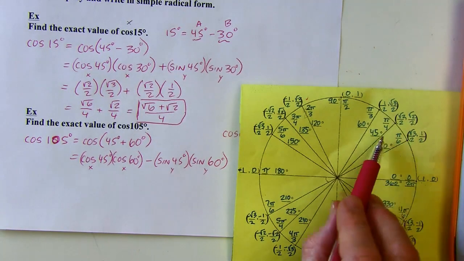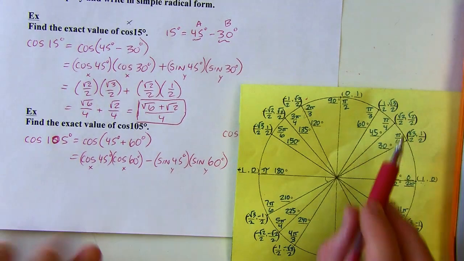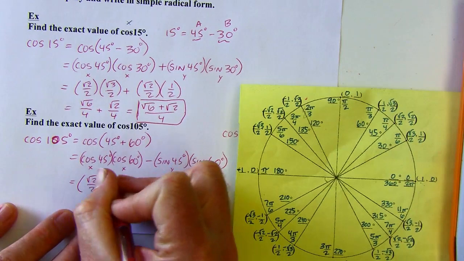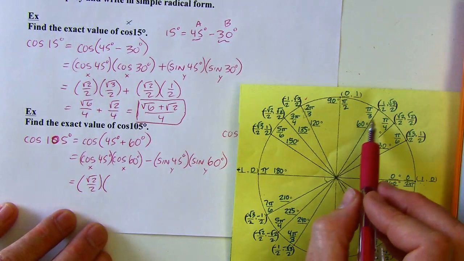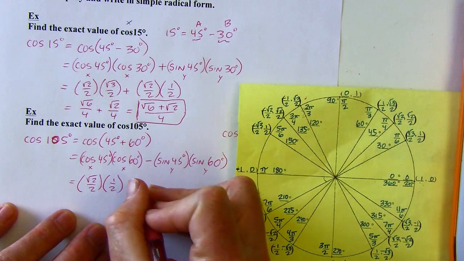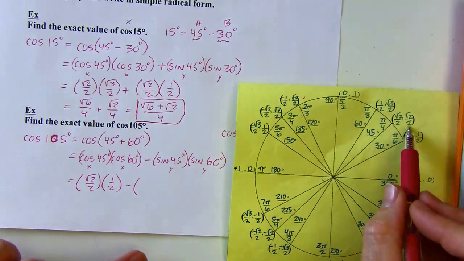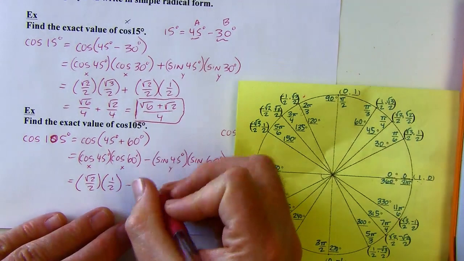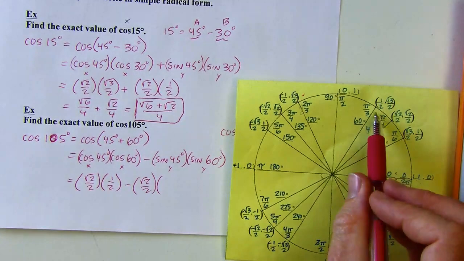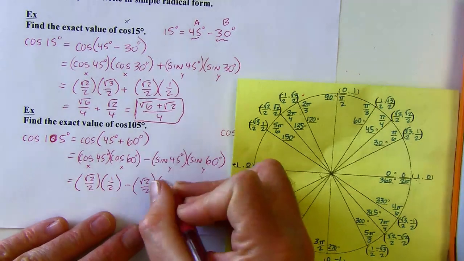So 45 degrees, x value is root 2 over 2. At 60 degrees, x value is 1/2. At 45, my y is root 2 over 2. And at 60 degrees, the y value is root 3 over 2.